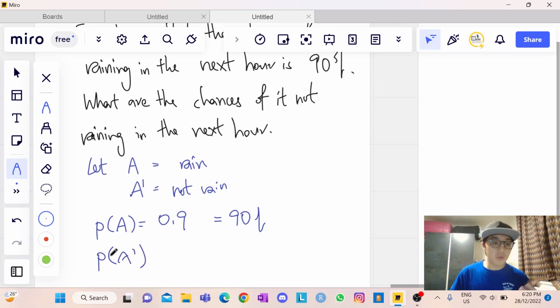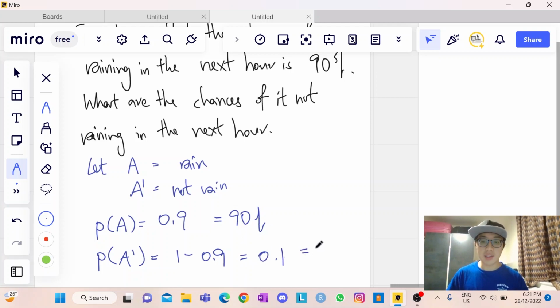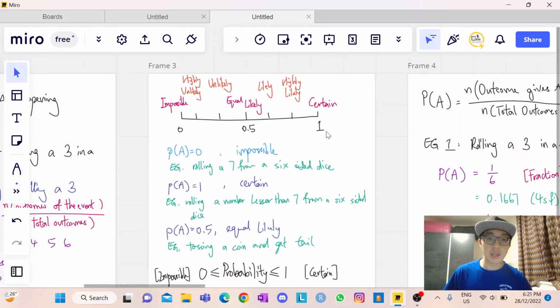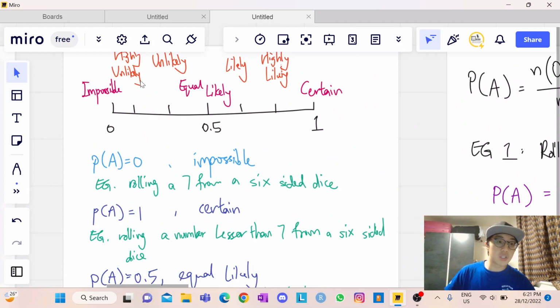If it's not raining, then it's just everything that is going to happen minus the probability of it raining, which equals 0.1, or 10%. So the chance of it not raining in the next hour is in fact just 10%, which, if we refer back to the probability scale here, is very highly unlikely.